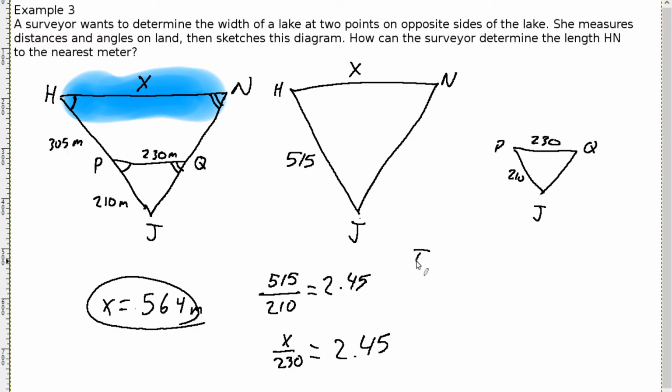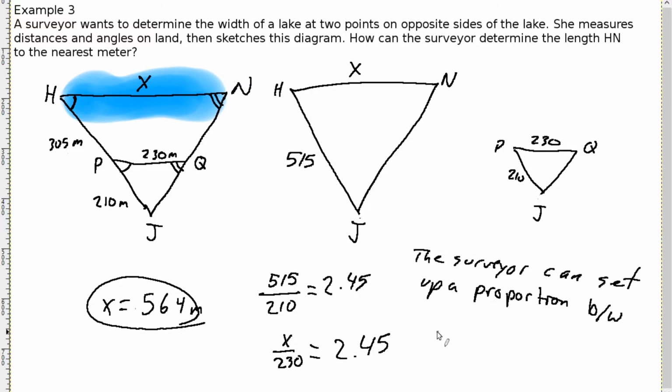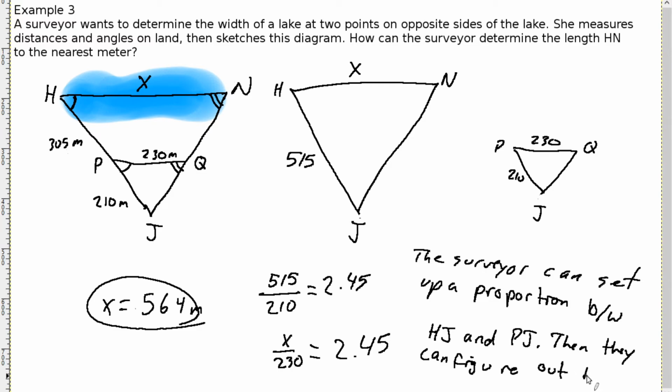So the surveyor can set up a proportion between HJ and PJ, then they can figure out HN from PQ. That would be actually answering the question.